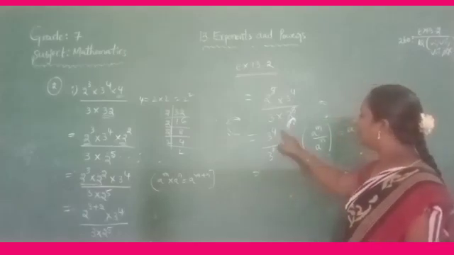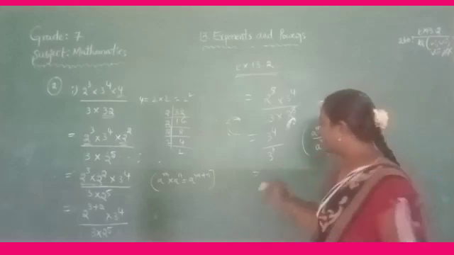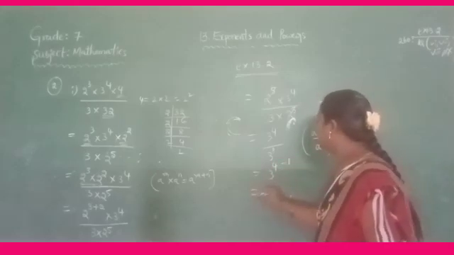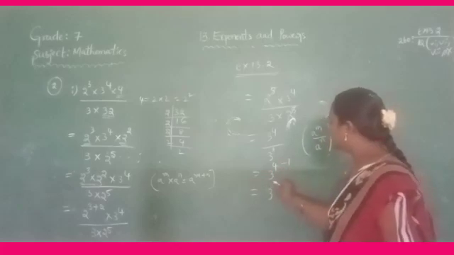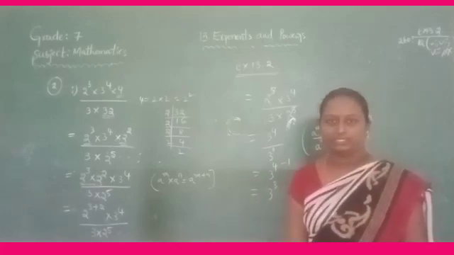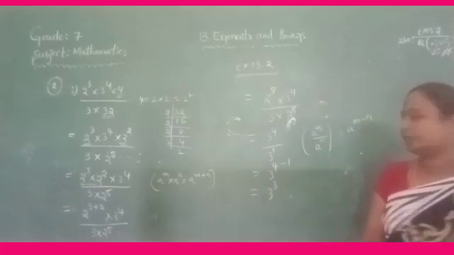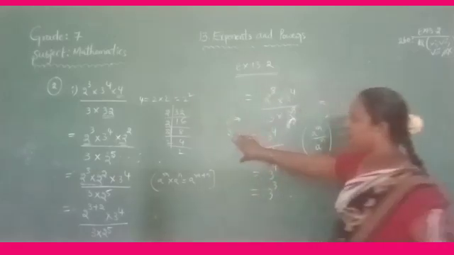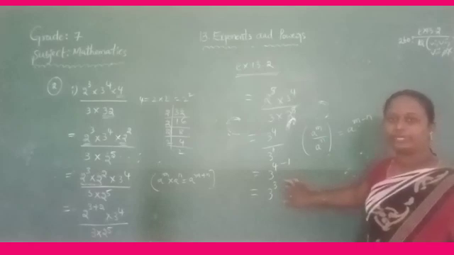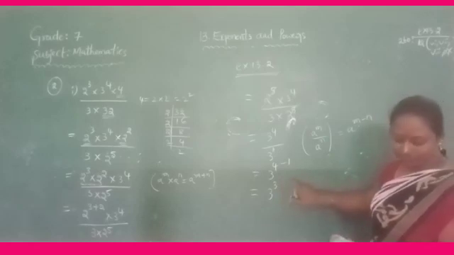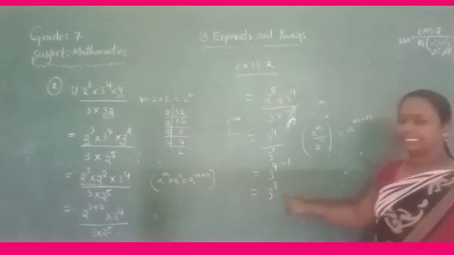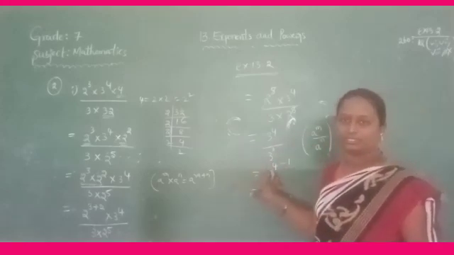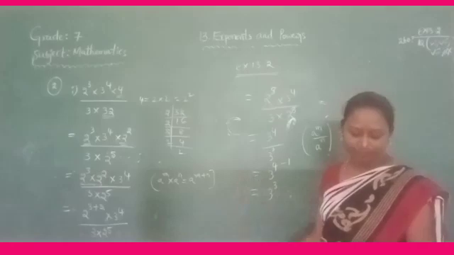So at that time you have to subtract the exponents. Then you will get 3 to the power of 4 minus 1. 4 minus 1 is equal to 3 cube. What you have to show here? We have to simplify this one and show the answer in the form of exponential. So finally we got 3 cube. Okay, so you have to remember all these laws, then only you can solve the problems.